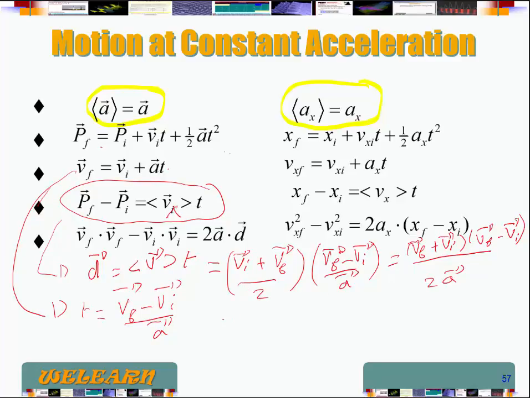Multiply both sides by 2A, we get 2AD, that's equal to, and then I'm going to factor out that one, so V_f times V_f is V_f squared, and then minus V_f V_i, and then plus V_f V_i, and then minus V_i squared.